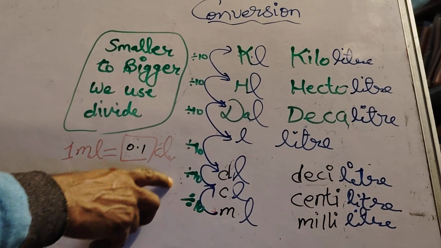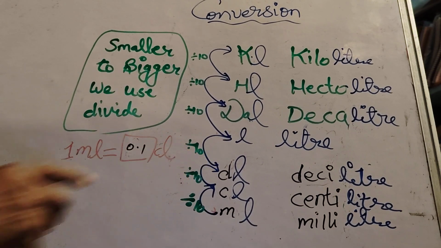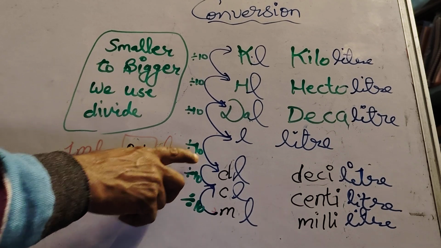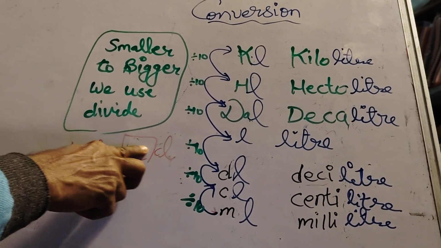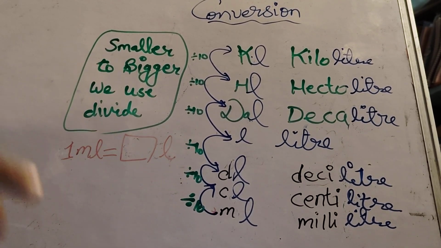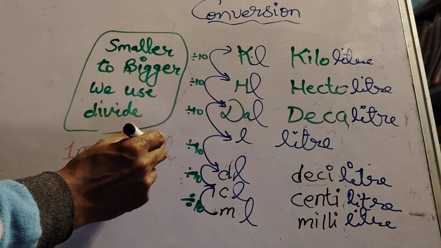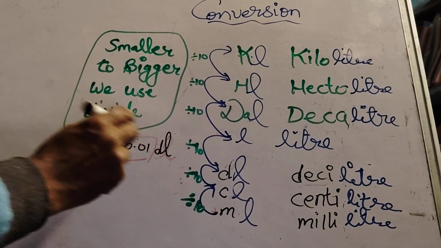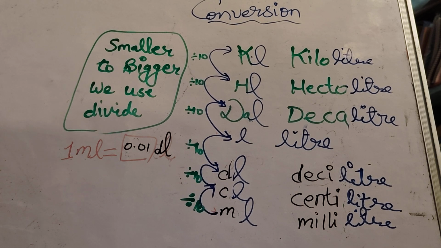1 milliliter equal to how many deciliter? 0.01. Yes, correct. Oh, this is basically shifting, the decimal is what we are using here.